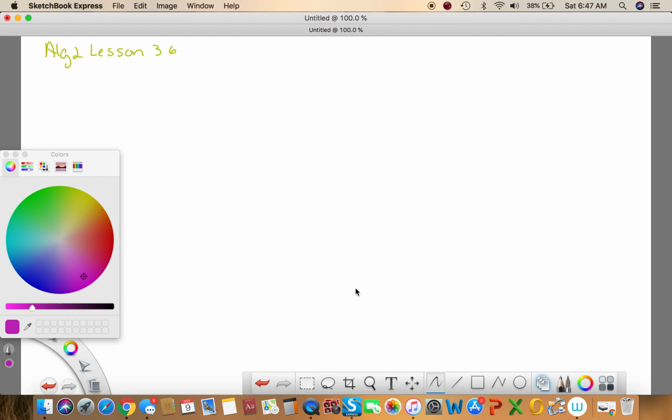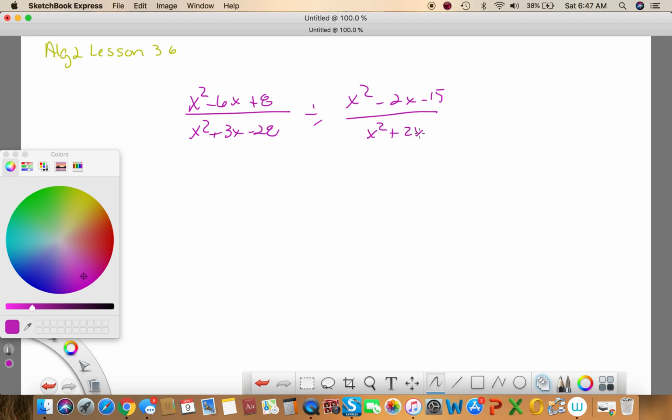So let's look at a complicated one with polynomials. So x squared minus 6x plus 8 all over x squared plus 3x minus 28, divided by x squared minus 2x minus 15 all over x squared plus 2x minus 35. So what do I need to do here?